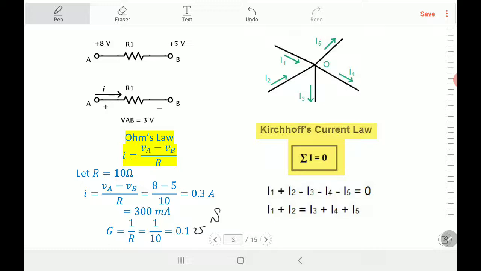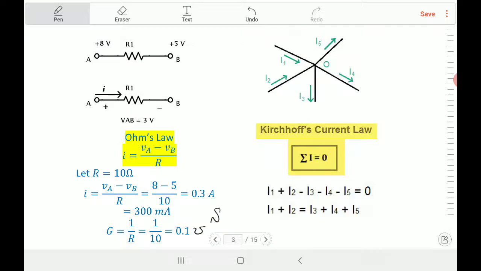The second concept is Kirchhoff's current law. We had it before, but I'd like to review it because you're going to use it in this technique. If you have a point or node, you have the currents I1, I2, I3, I4, I5. Some currents are input and some are output.